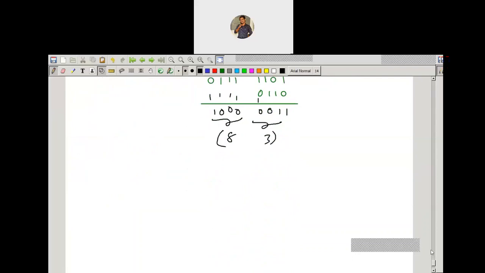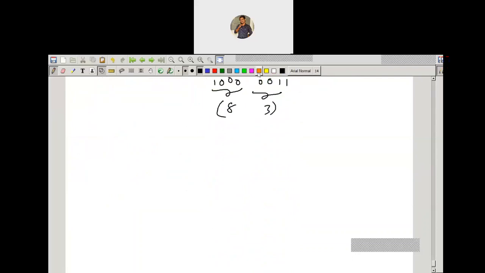So in this way you have to do the BCD additions. I will give you some problems to do. It's a task for you. First one is 33 plus 31, and the second one is 56 plus 19.